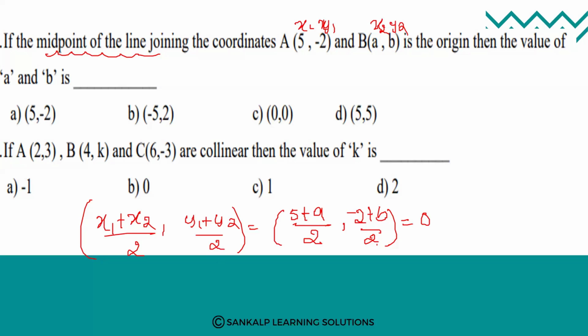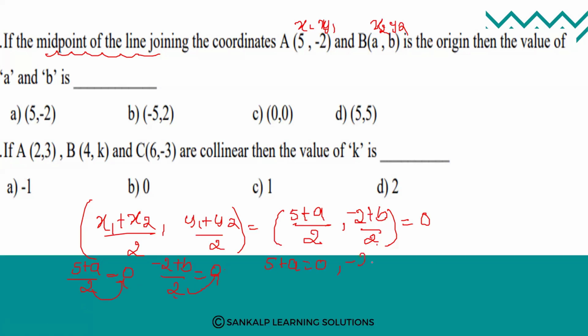So now we can write this as 5 plus a divided by 2 equal to 0 and minus 2 plus b divided by 2 equal to 0. So transfer this 2 to this side. You will get 5 plus a equal to 0, because 0 into 2 is 0 only. And if you transfer this 2 to this side, 0 into 2 is 0 only.